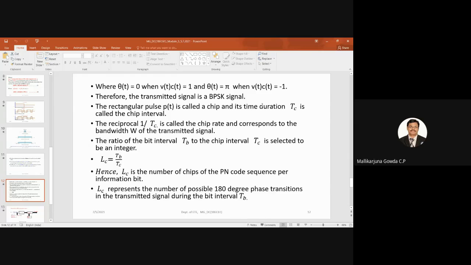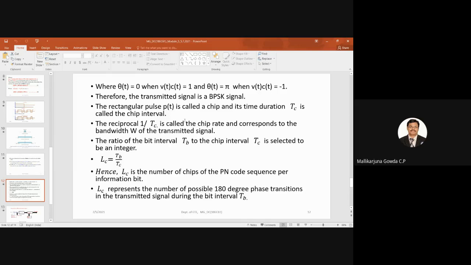If any one of them is of opposite polarity, then I get that product as minus 1. In that case, I send that information with a phase of 180 degrees, right? That is why I said we are transmitting a BPSK signal.